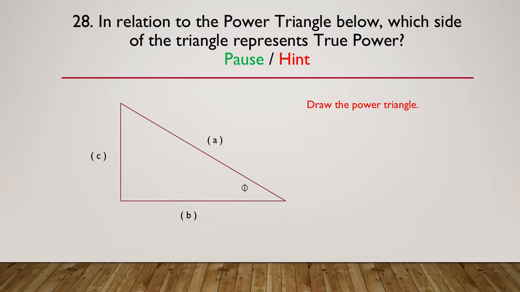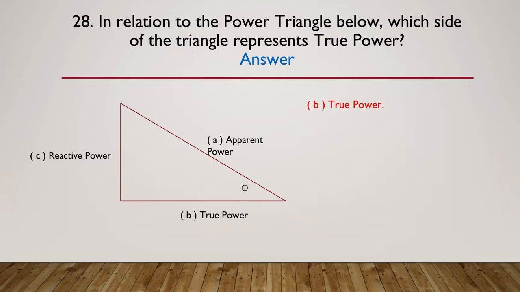So let's now move through to the answer. True power is side B. So this side of the power triangle is the resistive component.